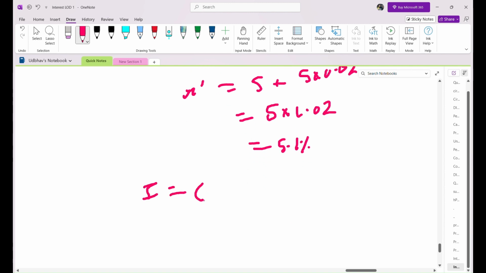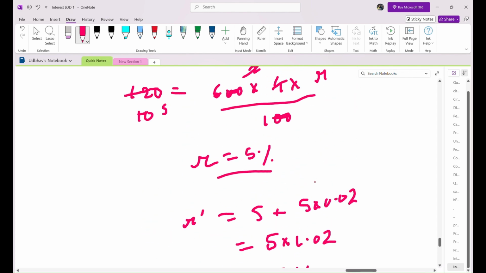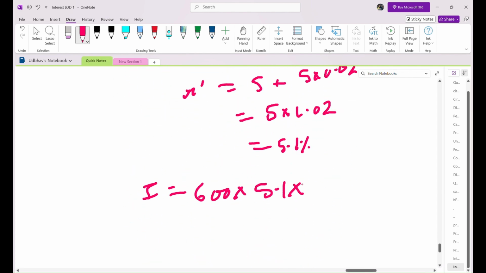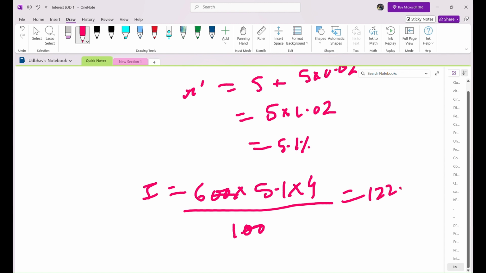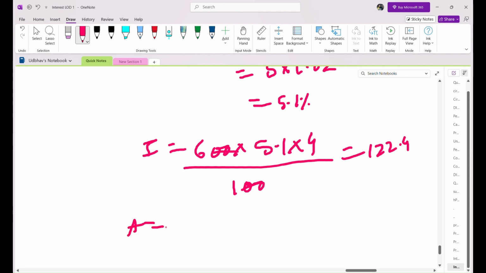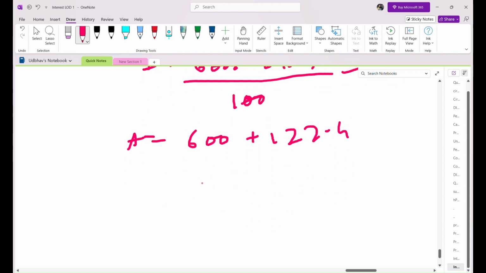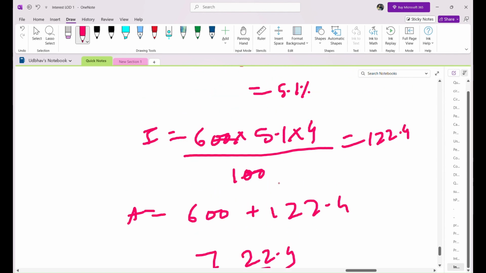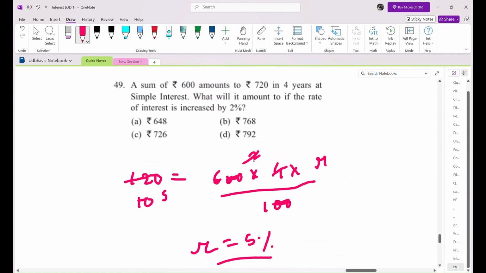New interest will be 600 into 5.1 into time 4 years upon 100, that is 5.1 into 24, which is 122.4. So the amount will be 600 plus 122.4, which is 722.4.